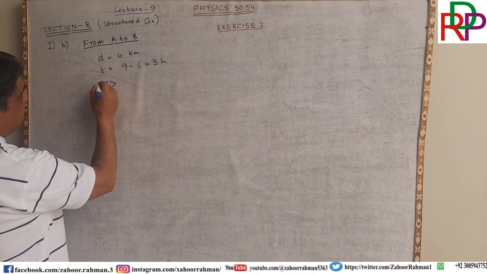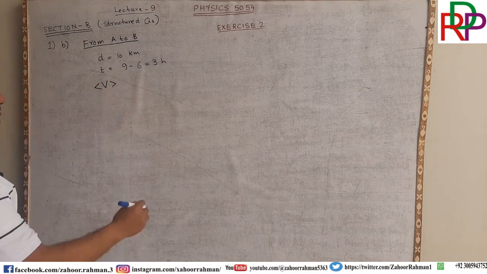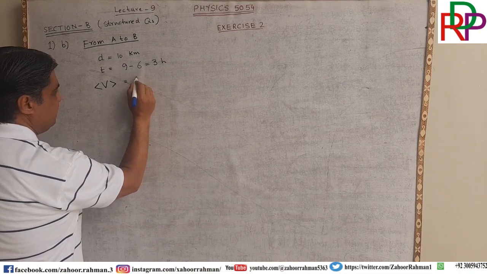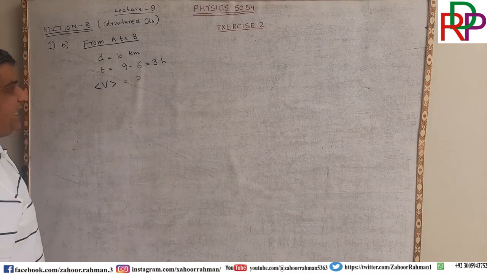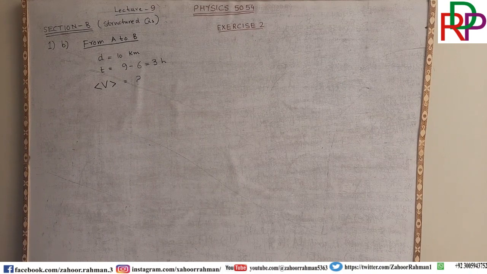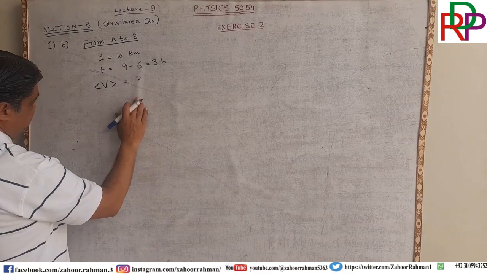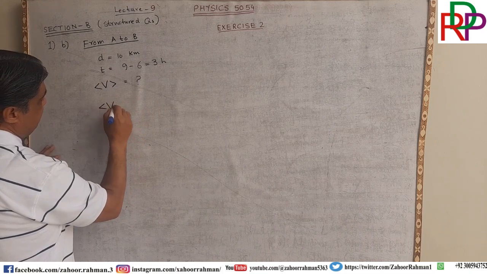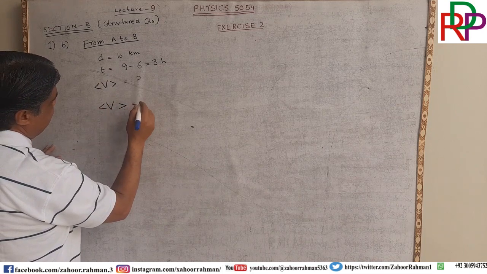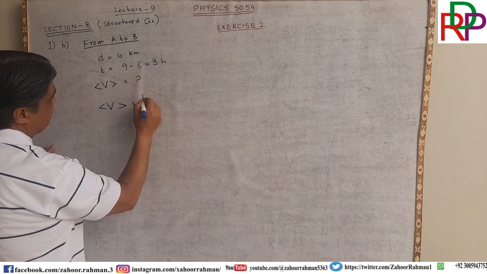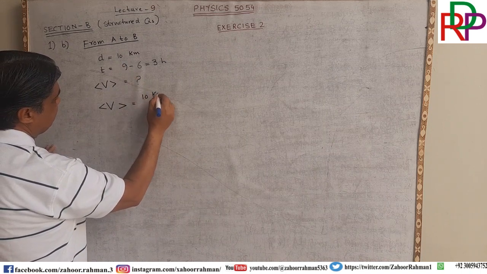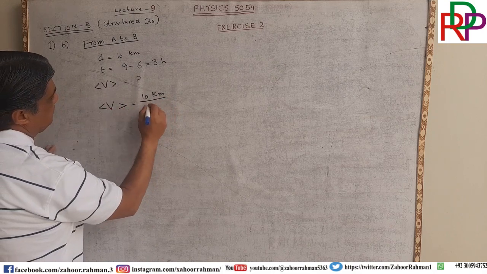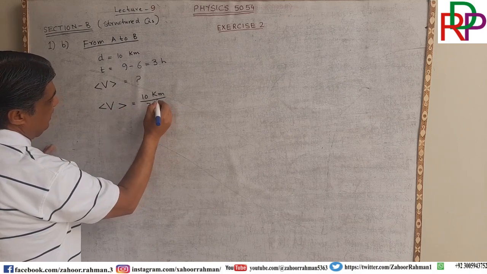So average speed is denoted by enclosing capital V inside the angle brackets. Now average speed is equal to total distance, which is 10 kilometer, divided by total time, which is 3 hours.